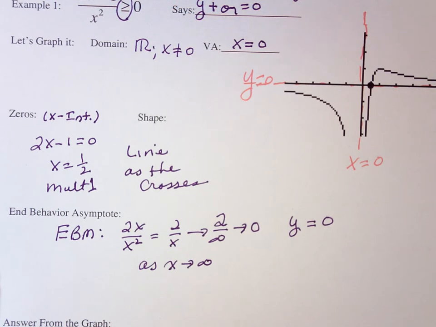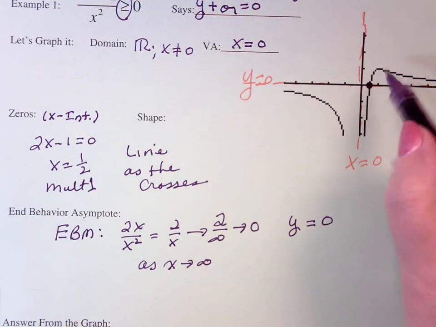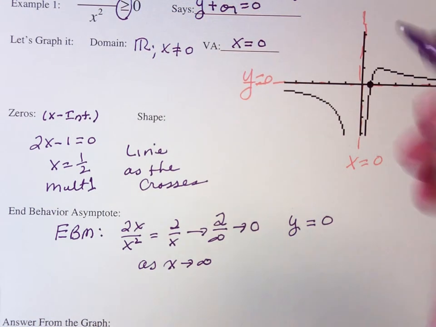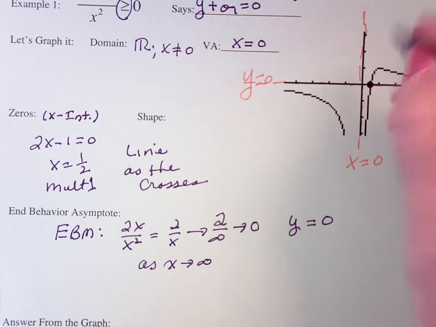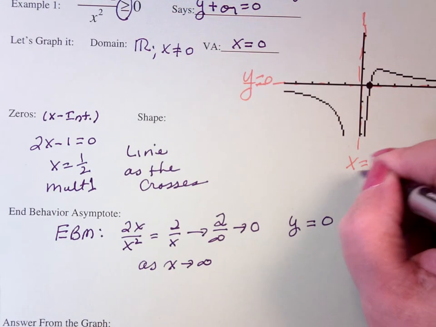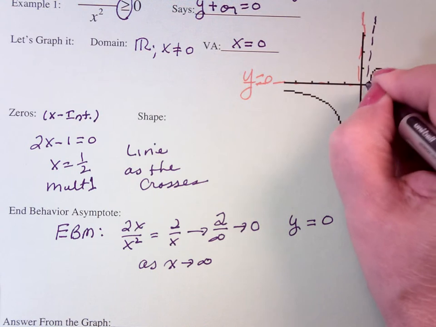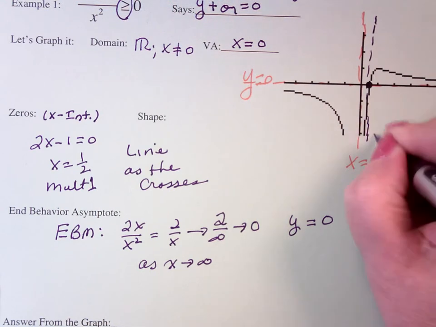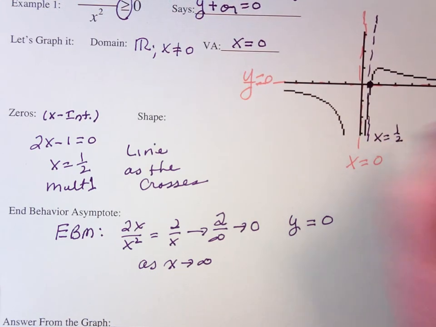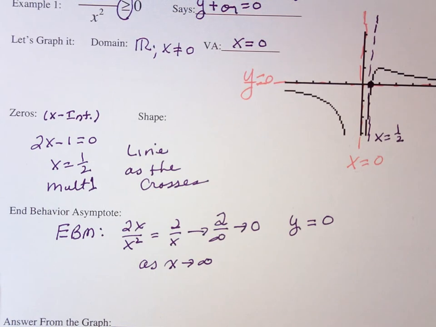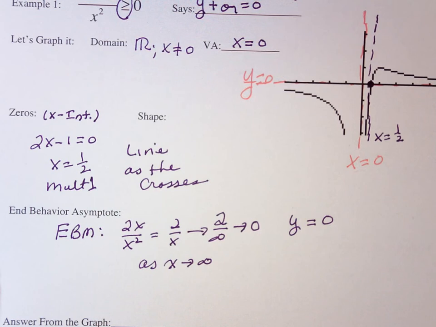Now I want to know where y is positive or 0. If you look at how things break out, x equals 0 is the VA, x equals 1/2 is the intercept. So it's taken my paper and broken it up into 3 pieces.